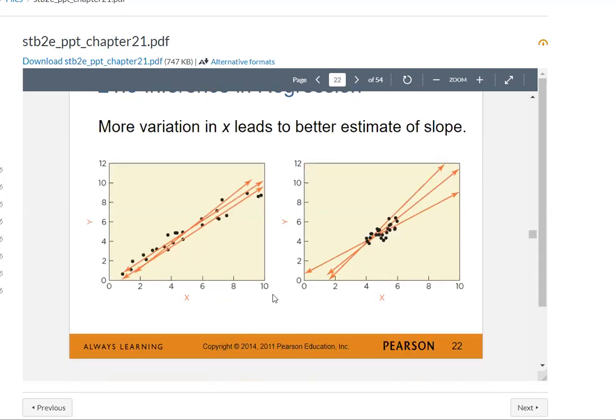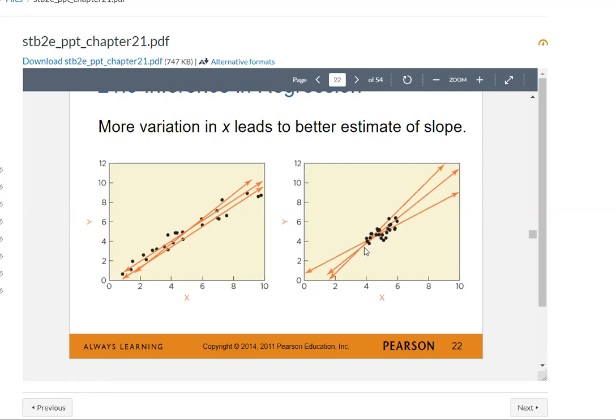And these two graphs, if you remember what they represent, show that the higher the variation of x values, right, this is not about variation of y values, the higher the variation of x values of the independent or explanatory variable, the better the estimate of your slope. Why is that?